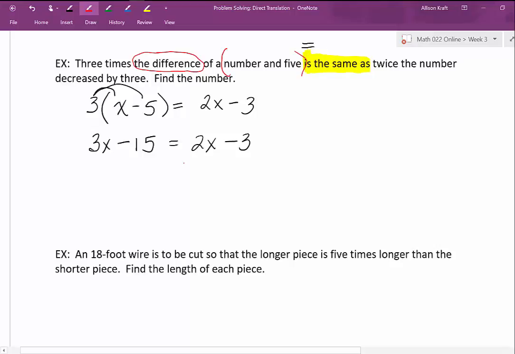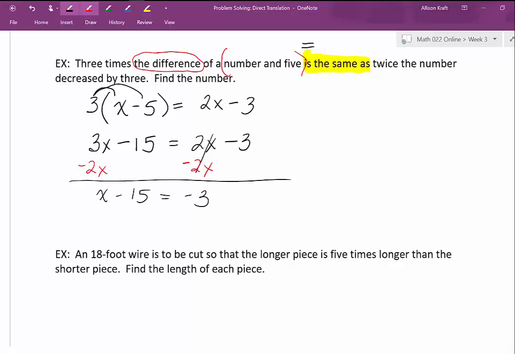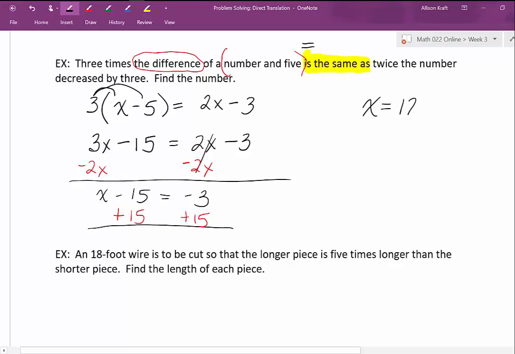I'm going to subtract 2x from both sides, leaving me with x minus 15 is equal to negative 3. Now that all of my variable terms are collected on the left-hand side, my constant terms need to move to the right. So we'll add 15 to both sides. This gives me x is equal to 12.